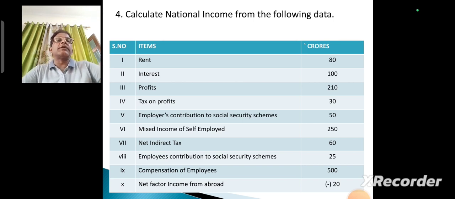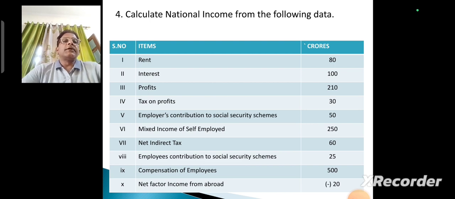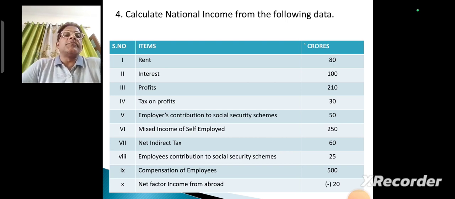This is about calculation of national income: rent, interest, profit, taxes on profits. Taxes on profits, I tell you, has been given up just to confuse the child, because the profits are there, so it is complete profit. Another confusion in this: employer contribution, mixed income, NIT, employees contribution to social security scheme, and compensation of employees.